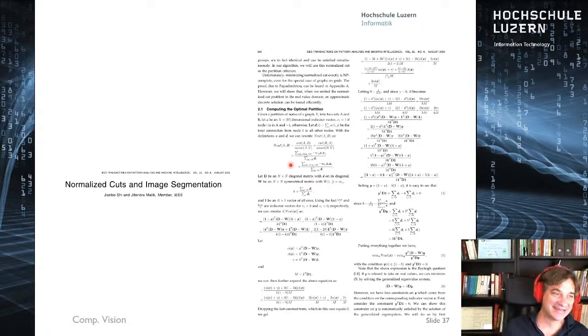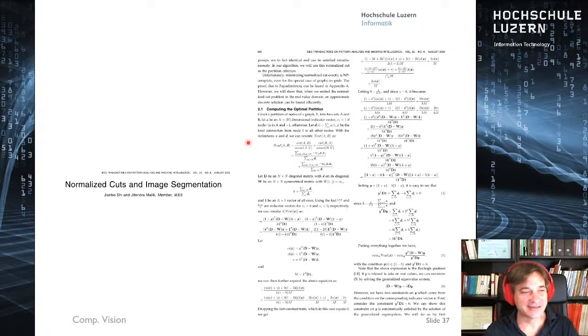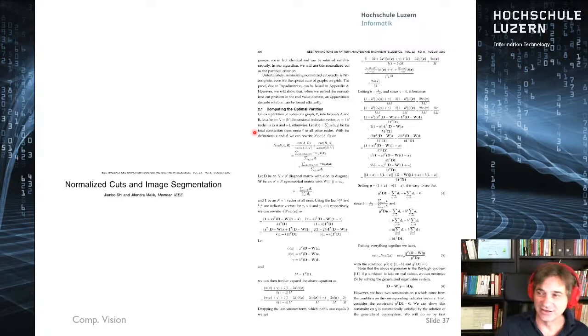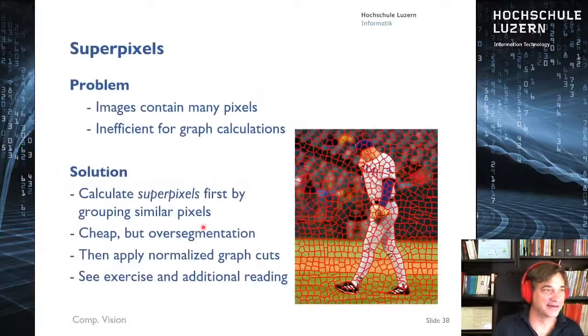It's quite long, this paper here, but they have found a way to calculate this optimal partition of the graph, which can be quite large, also with an iterative algorithm, and then prove that their algorithm actually works. So it's a problem we can solve, and we can calculate the cut accordingly.